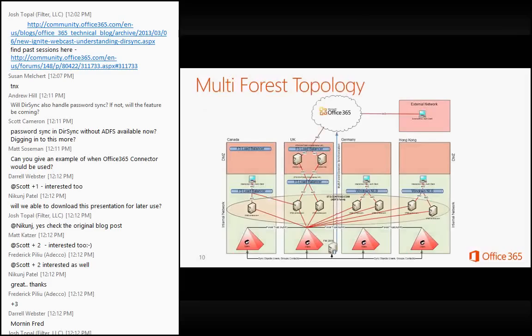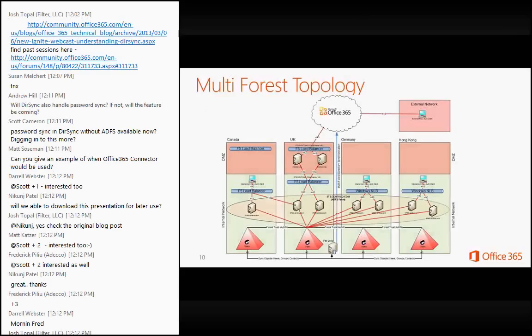So I just slotted a slide in here of a typical customer that I've been working with fairly recently around their multi-forest deployment. When we look at this slide, FIM, or the Forefront Identity Manager server, is right down at the bottom of the UK site.